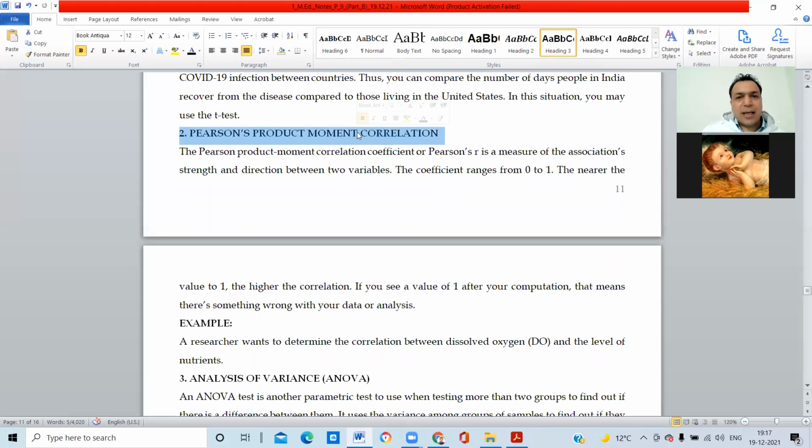The Pearson product moment correlation method we have just covered. When we see the correlation between two variables, then we use the Pearson product moment correlation method. So it all depends on our research. What is our research topic basically? First we have selected the topic. Suppose our topic is to study the teachings of Lord Jesus.